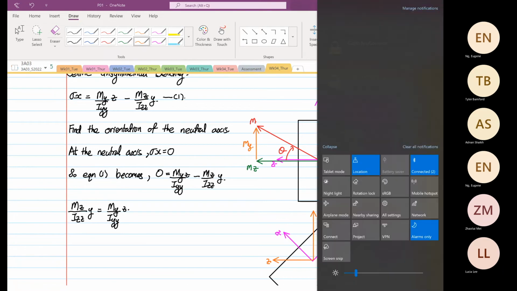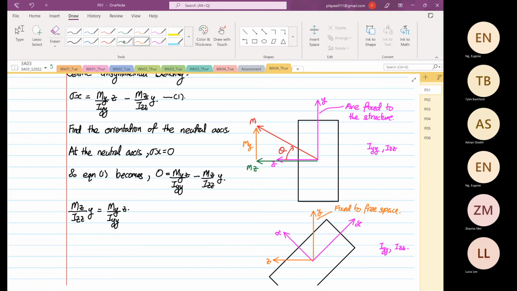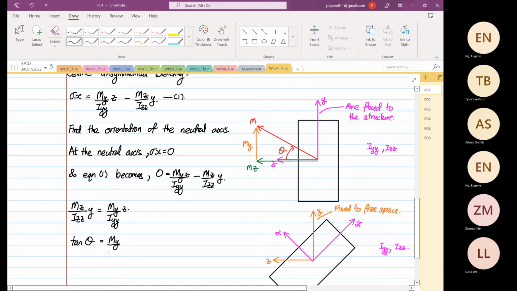So from here, we can write out an expression that we can specify that tangent theta is equal to My over Mz.